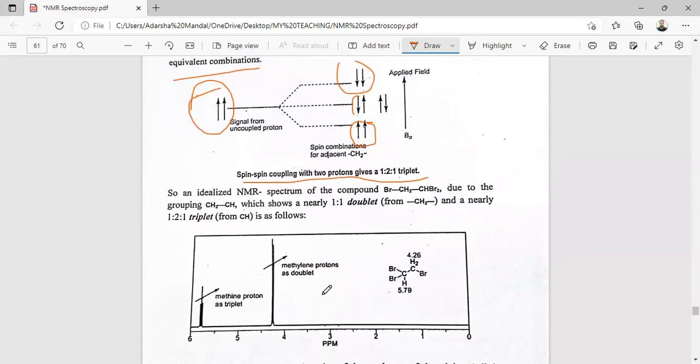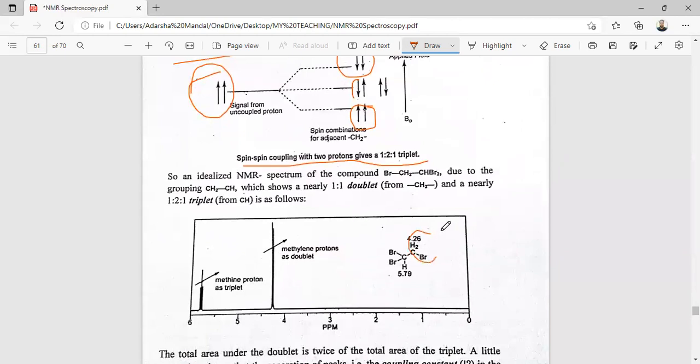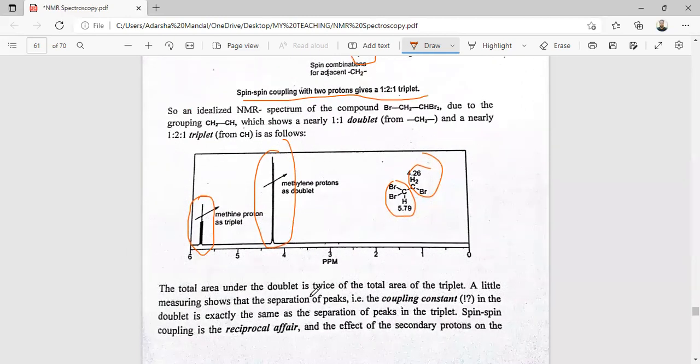So the CH2 at 4.26 will split as a doublet, giving this doublet peak, and the CH at 5.79 will split as a triplet due to the two H protons. The total area under the doublet is twice the total area under the triplet.